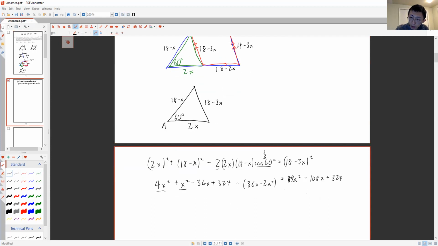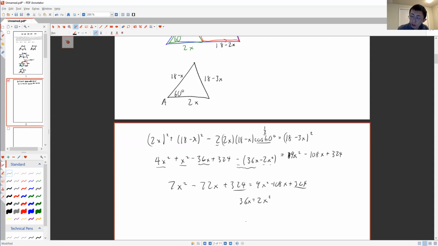We'll have 1x squared, 4x squared, 1x squared, and a minus 2x squared. So that's 7x squared. Then we have a minus 36x, 72x, and then plus 324 equals 9x squared minus 108x plus 324. So the 324s cancel out, and we just get 2x squared equals 36x.